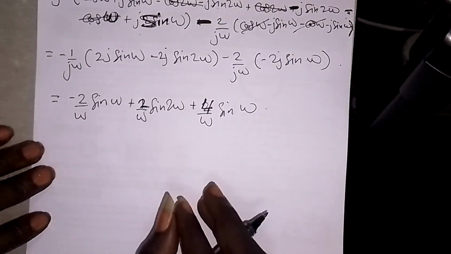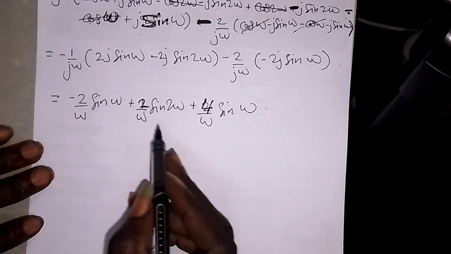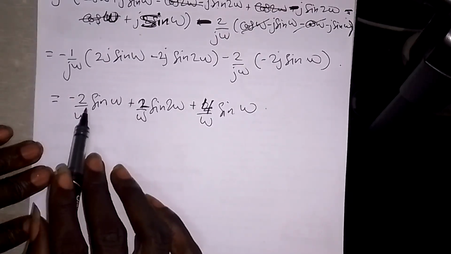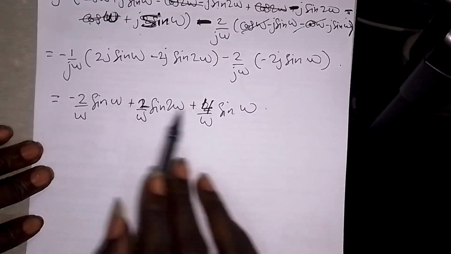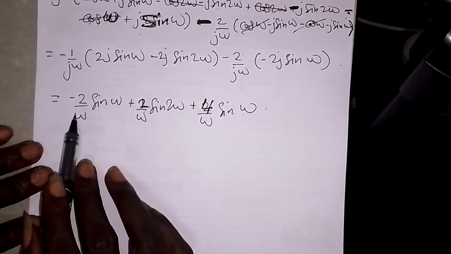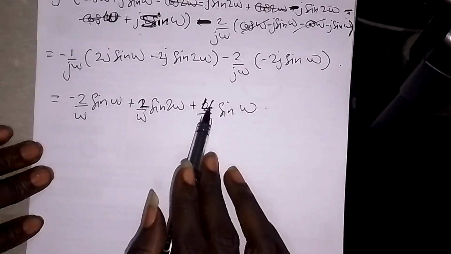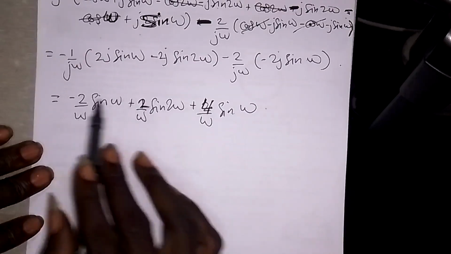Now what I can do again is, this one is 1, this one is 4, this one is 2, so it will be positive 2.